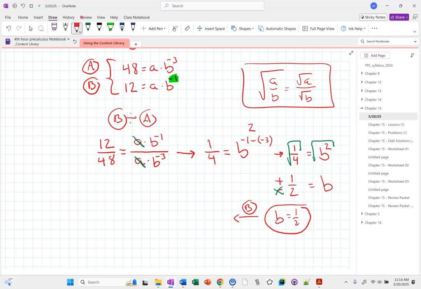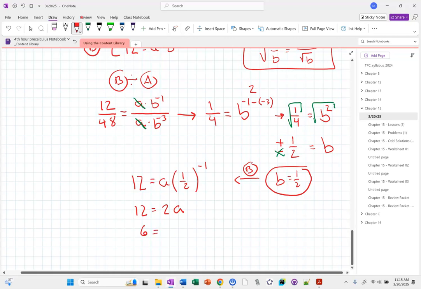I want the one closest to 0. So I'm going to have 12 is equal to a times 1/2 to the negative 1. And what does that negative exponent again do? Makes a reciprocal. So the reciprocal of 1/2 is just 2, right? So if I divide by 2, I get a is 6.